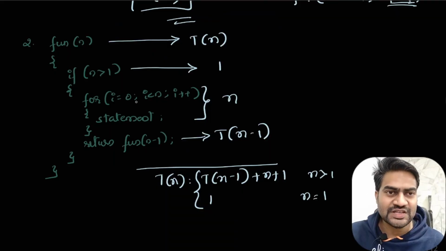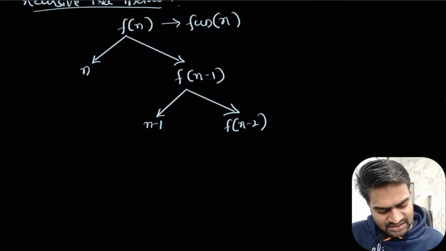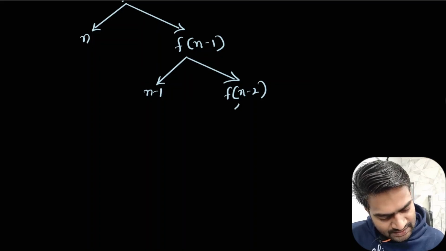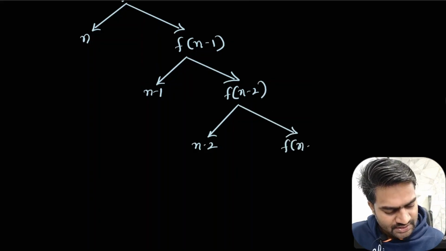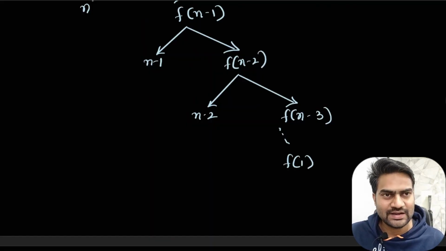So it iterates from 0 to n minus 1. When this becomes n minus 3, again this iterates only from 0 to n minus 3. That's why on each iteration it gets reduced by 1. Now again it will do n minus 2 amount of work, and then it will call f(n-3), and so on.